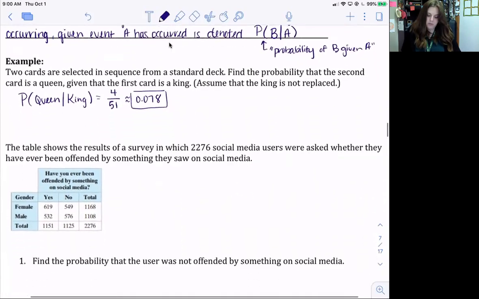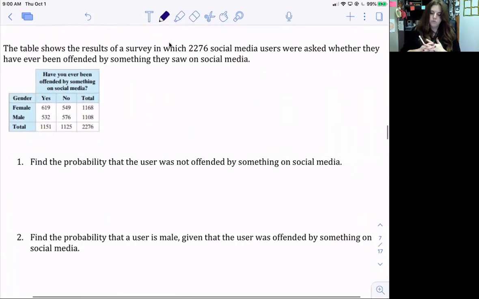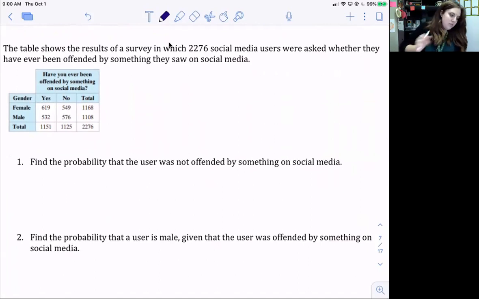Okay, so the table shows the results of a survey in which 2,276 social media users were asked whether they have ever been offended by something they saw on social media. So first thing we're going to do, let's find the probability that the user was not offended by something on social media.